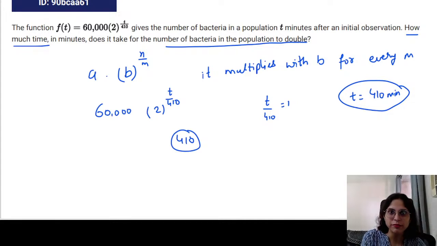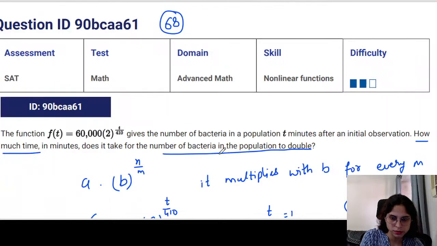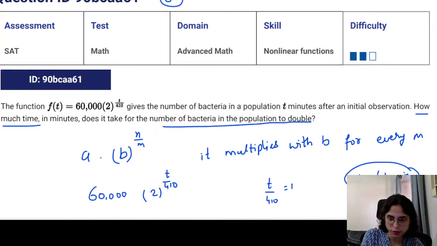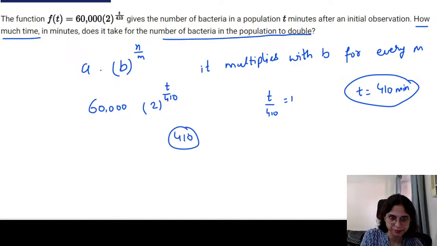Understood the concept? Why will it be 410? Because, okay, let me make this bigger, so you are able to see the entire question. So why can I say that it is going to be directly 410? Because how much time is it going to take the population to double? If it has to double, it has to become 60,000 times 2. That means t over 410 has to be equal to 1.